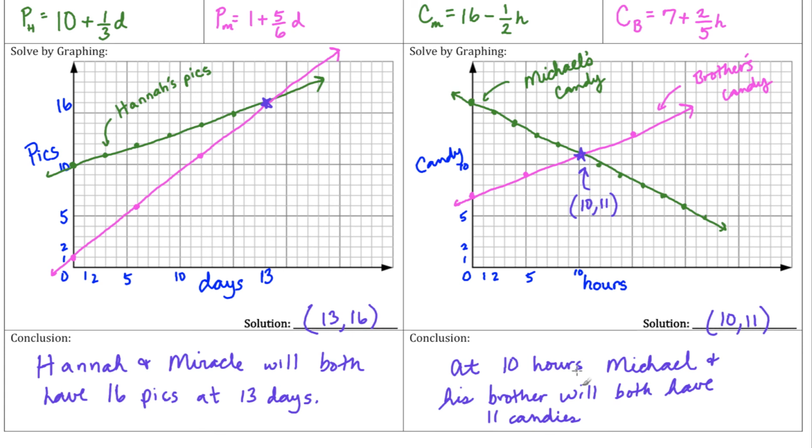Yeah, so at 10 hours, Michael and his brother will both have 11 candies. I can write 11 a little better. It's hard writing these without making them seem like mistakes or like something else. So we'll both have 11 candies. That's good enough. Thank you.